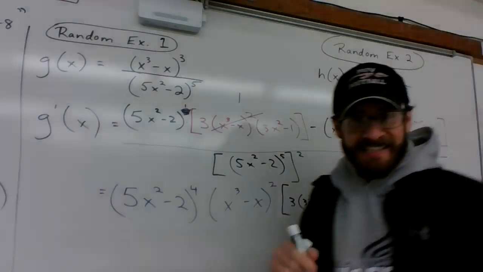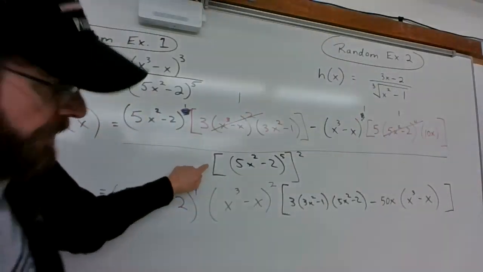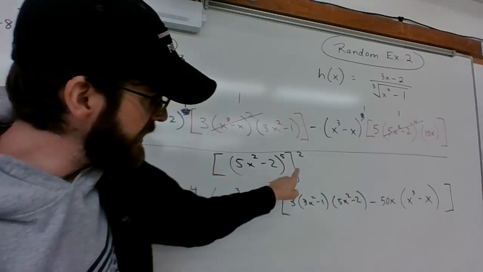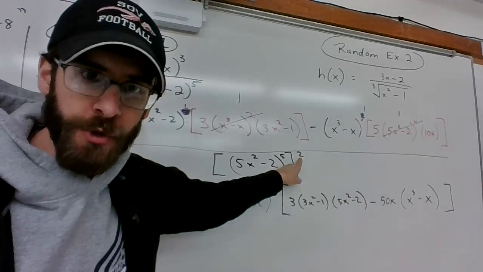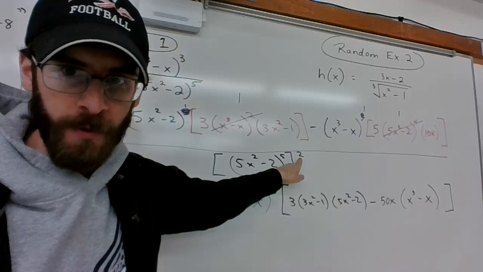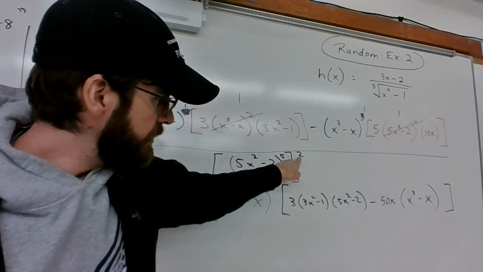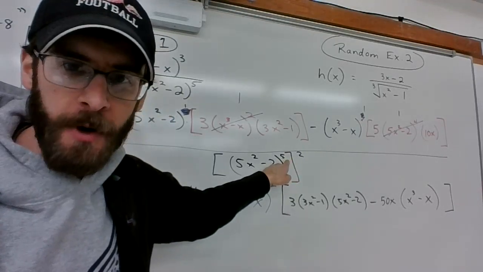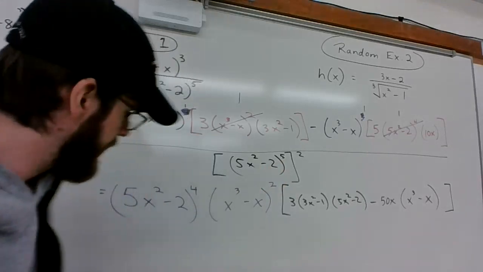And all of that is still divided by the bottom squared. In fact, I can use the power to a power rule that you guys learned back in Algebra 1 or Math 1, that you multiply those two exponents to get 5x squared minus 2 to the 10.